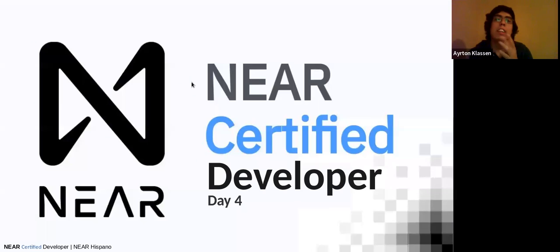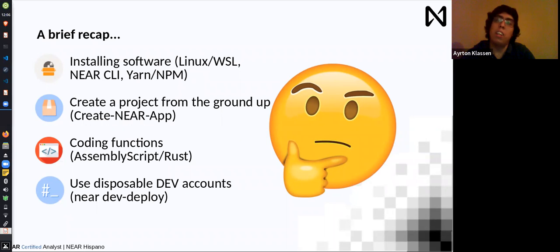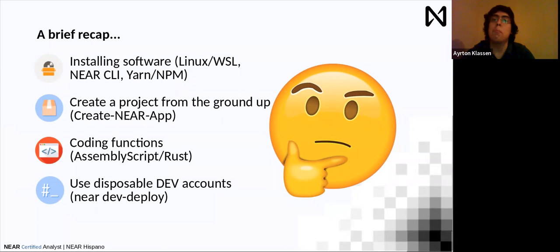Okay, so like I said, welcome back. This is day 4 of our course. Before starting, I want to make a brief recap of what we've learned so far. First, we learned that we need to install a lot of software. We need to install the WSL or a Linux working environment for Windows, or use Linux.